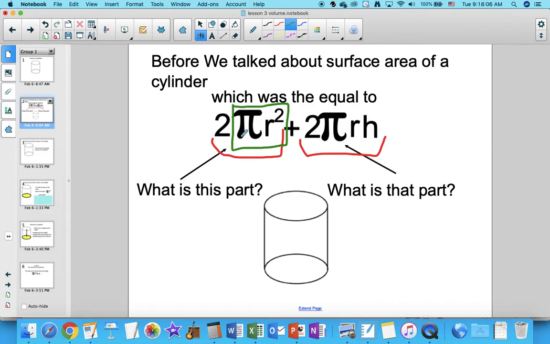You should know that that is the area of a circle. And this is 2 times pi r squared because we have two circles with the same area. So it's 2 times that area. So that's why we have 2 pi r squared.